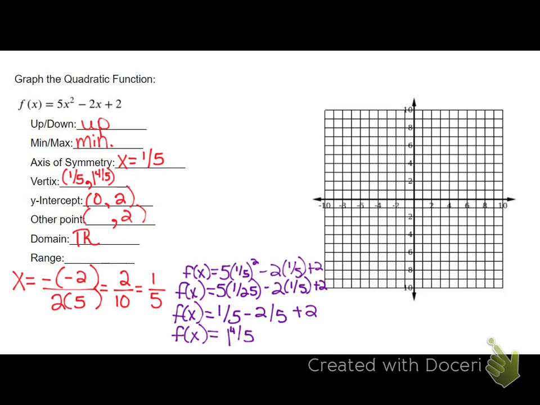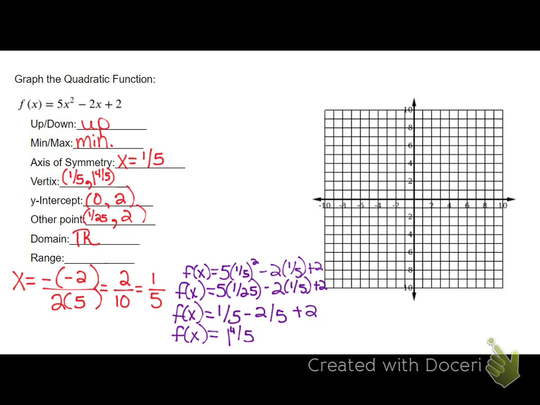Multiply it out. 1 over 25. I thought Ben was saying point. I do apologize, guys. I am congested and my hearing is a little clogged.